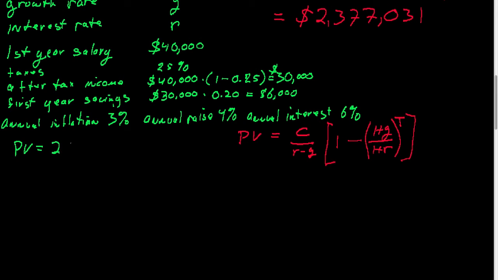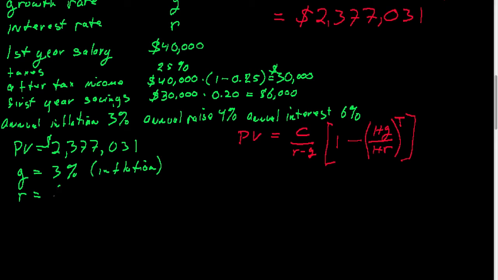PV, when you buy the annuity, is $2,377,031. The growth rate will be the rate of inflation, 3%. The interest rate is 6%, and you'll receive payments for 25 years.